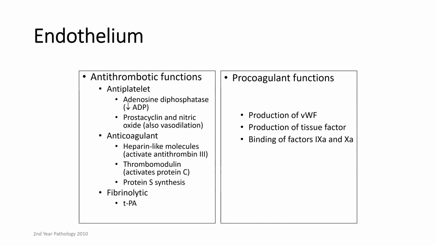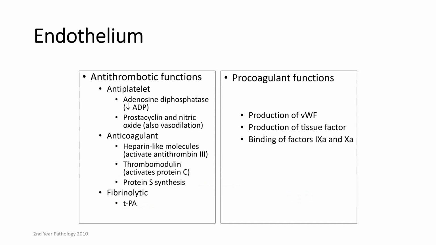Prostacyclin and nitric oxide are found within the endothelium and they stimulate vasodilatation. Anticoagulants are found in the endothelium. These include heparin-like molecules which activate antithrombin 3, thrombomodulin which activates protein C, as well as protein S synthesis.